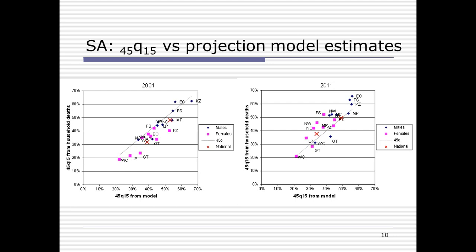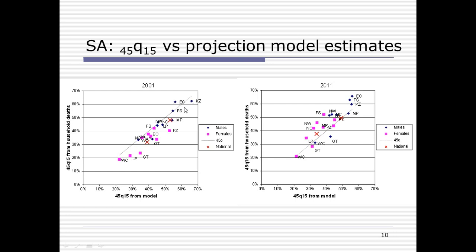And it shows a scatter around the 45-degree line, and a ranking that is not unreasonable in that the bottom provinces, the lowest provinces of Western Cape and Gauteng, and Limpopo are known to have low mortality, and the top provinces, KwaZulu-Natal has the highest HIV prevalence and quite high rural population.